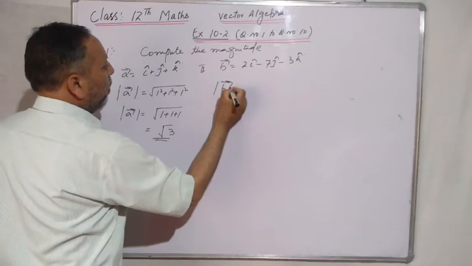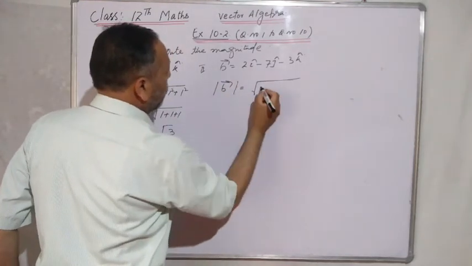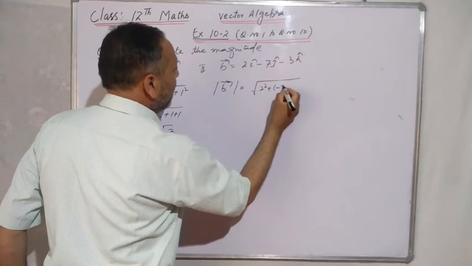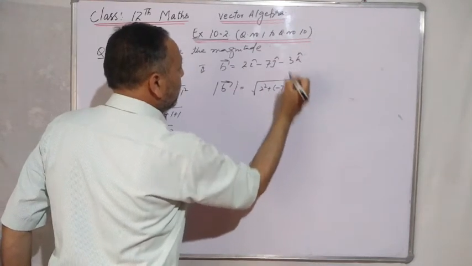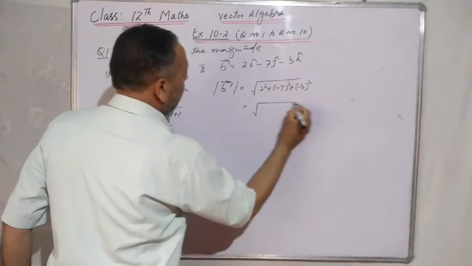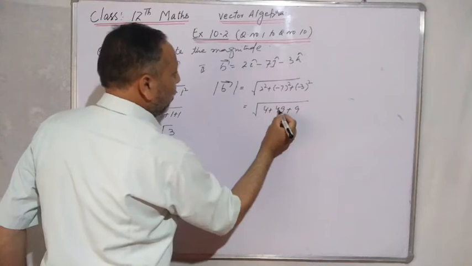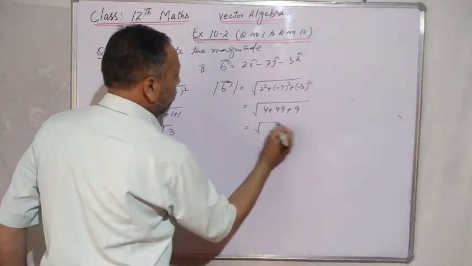So magnitude of vector B is equal to under root of 2 square plus of minus 7 square plus of minus 3 whole square. So it will be equal to 4 plus 49 plus 9, 58 plus 4, it is root 62.